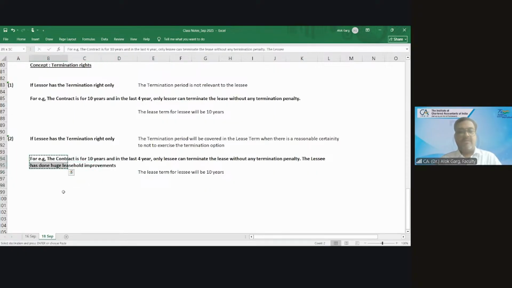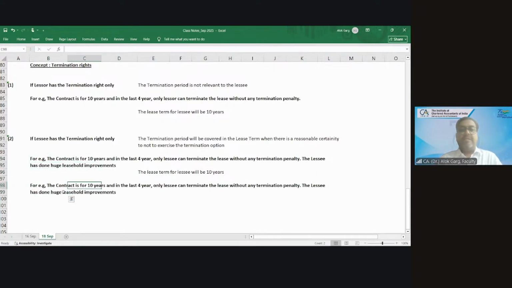Second example. The contract is for 10 years. In the last year, the lessee can terminate the lease without any termination penalty.